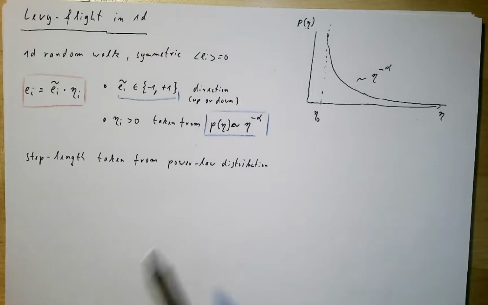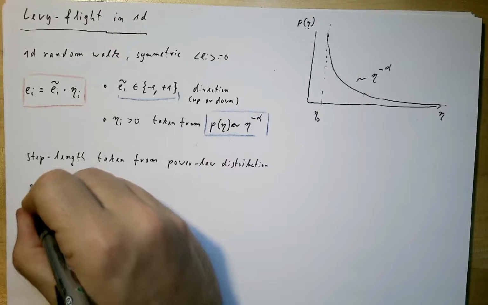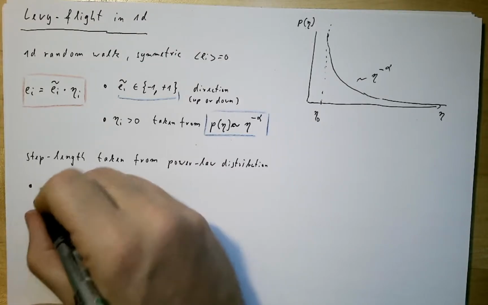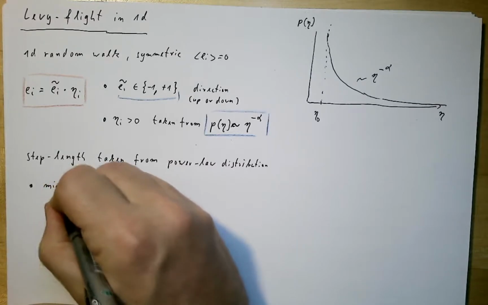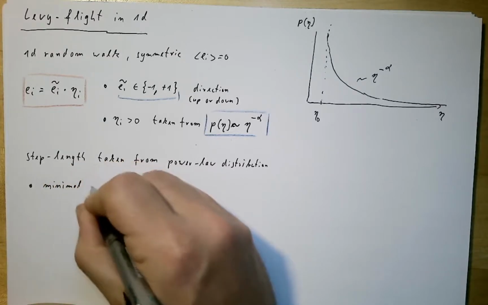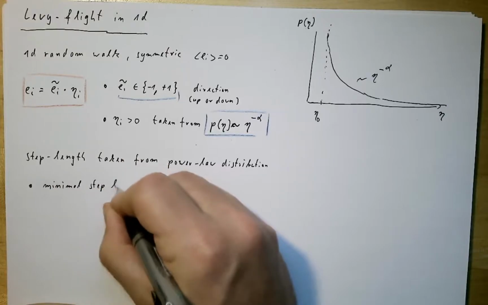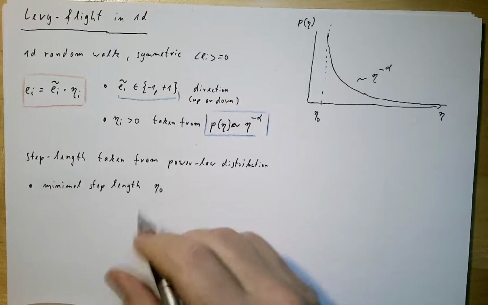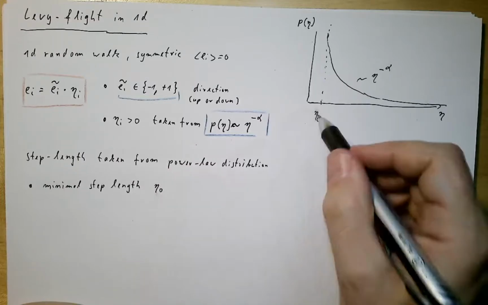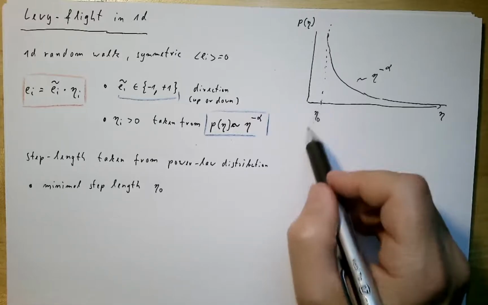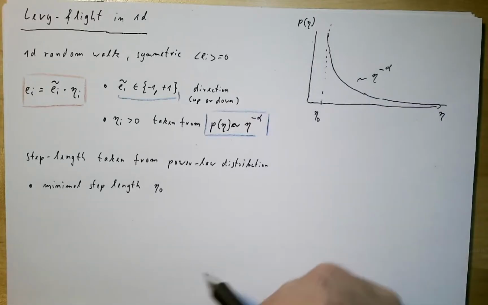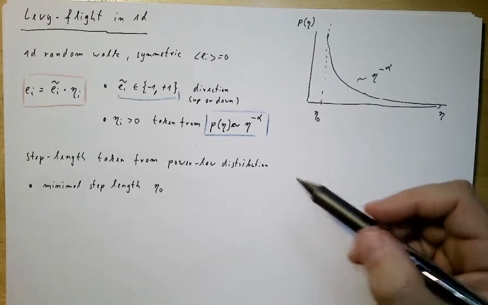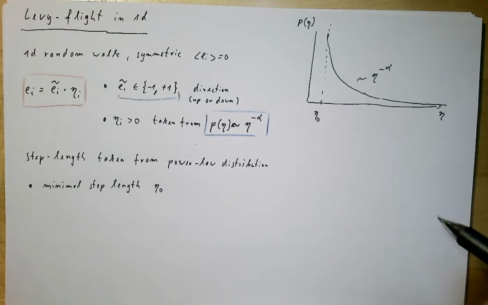Okay, so let's write down some properties. First we need a minimal step length. It doesn't matter what it is, you can take one. Basically that's just the scale of the whole thing. So that's the minimal step. And then, what was the property of such a power law distribution?